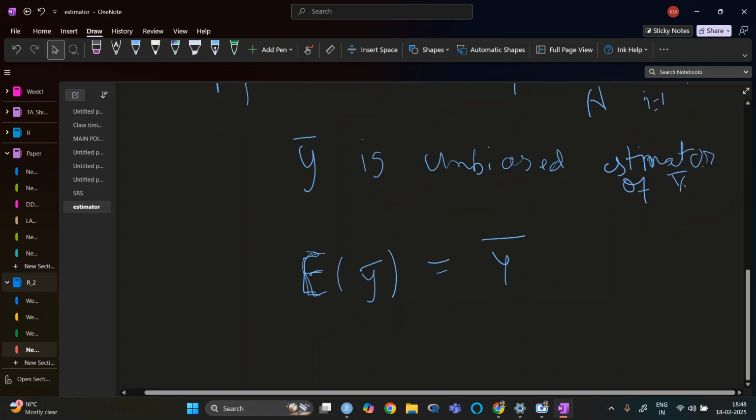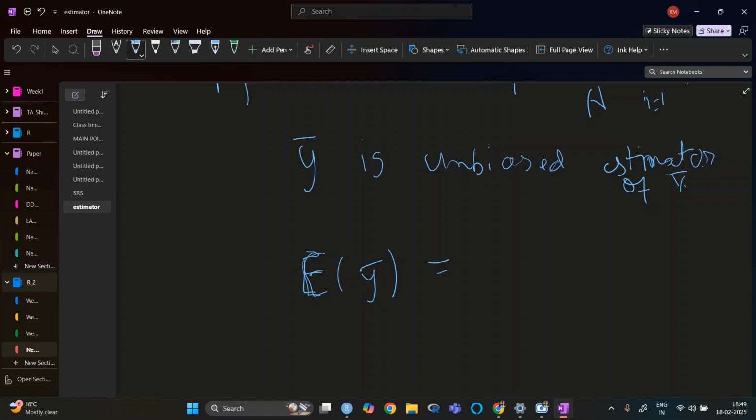So the expectation of y bar is 1 upon n, summation i equal to 1 to n, of this Y bar, and the whole proof is given in the class already. So that is an unbiased estimator.